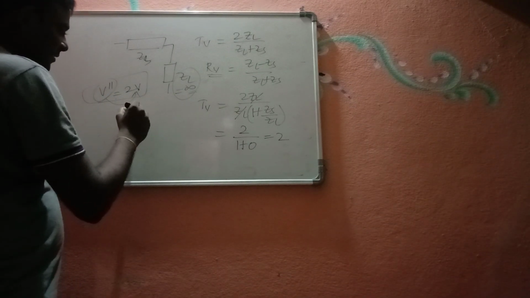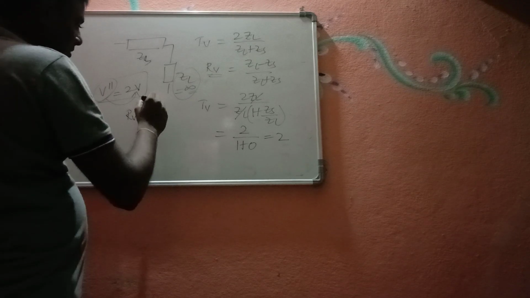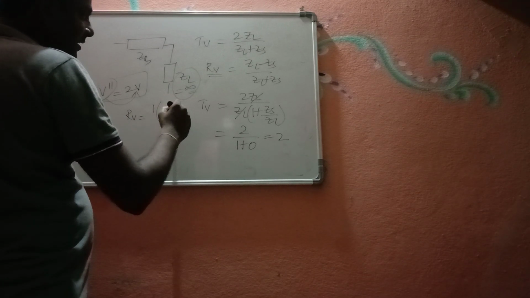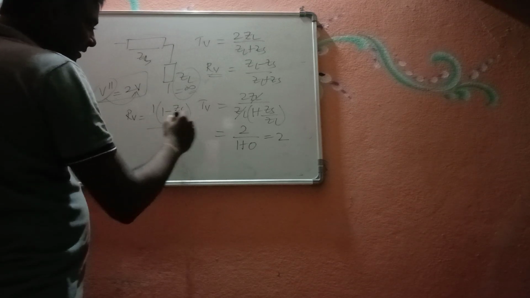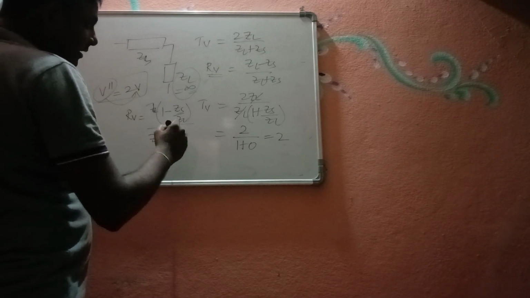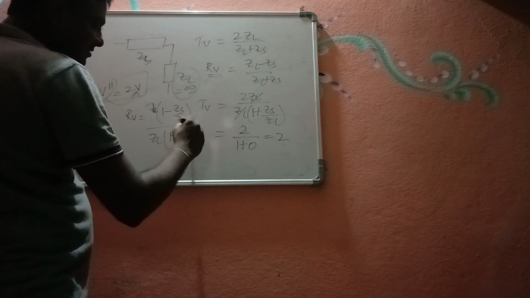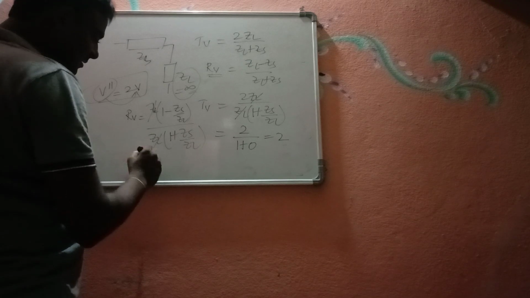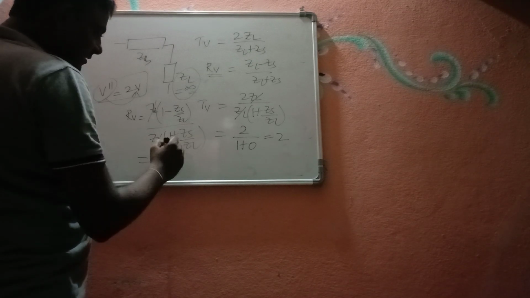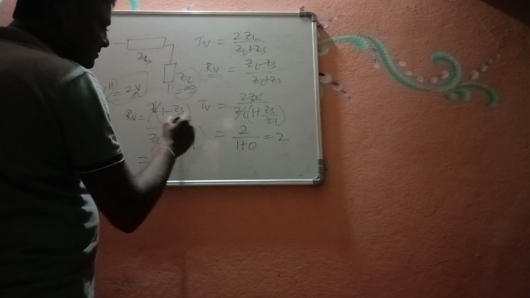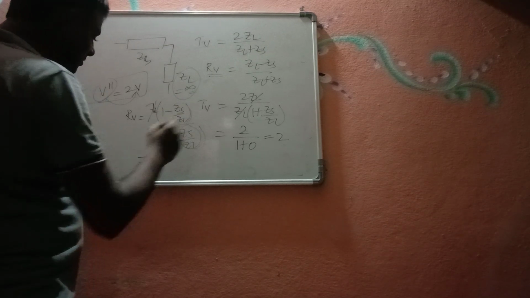And we will apply this concept also to the open circuit. So RV is equal to, by taking ZL as common from the numerator and denominator, you will get 1 minus ZS by ZL divided by 1 plus ZS by ZL. As ZL is infinite, this term is 0 and this term is 0.